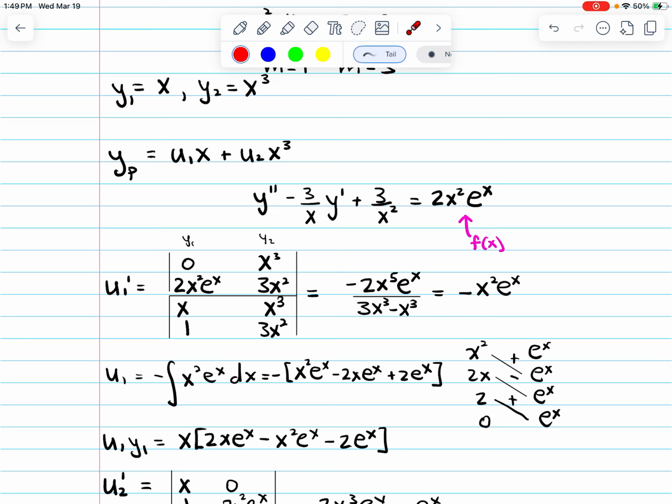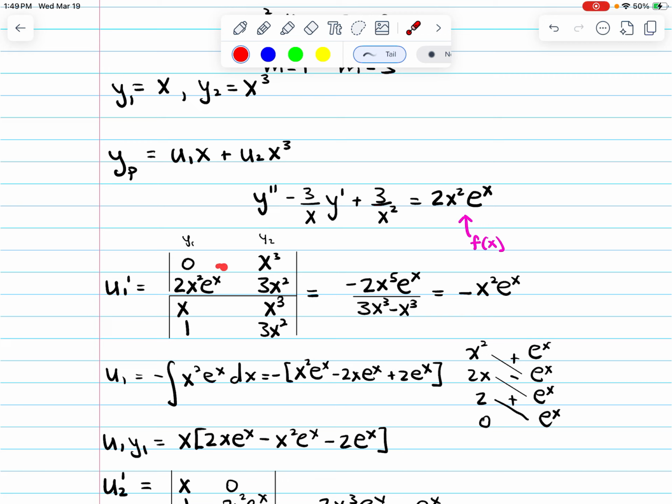In the second column, I've got u2, which is x to the third, and then down here, the derivative of x to the third. Now in the denominator, I've just got y1, the derivative of y1, over here y2, the derivative of y2. That's the way we set it up, and that's u1 prime.